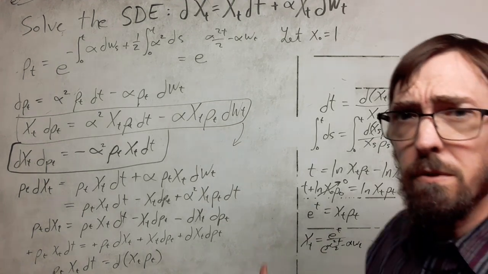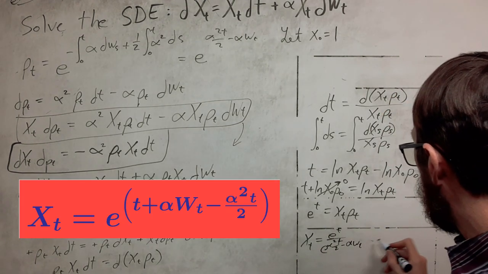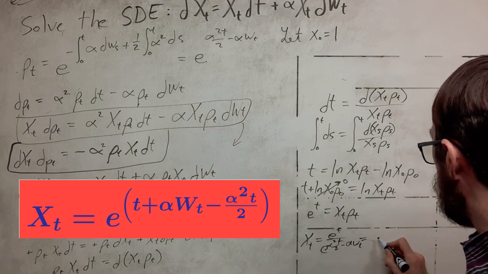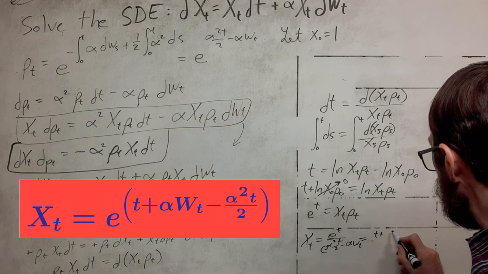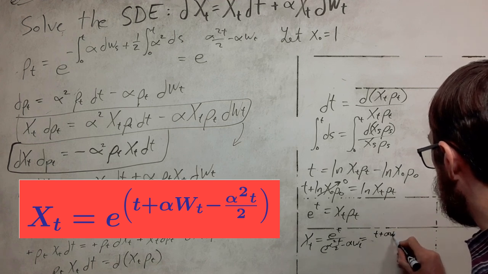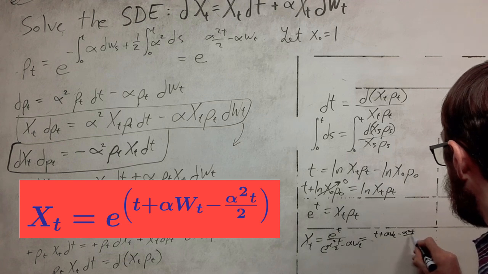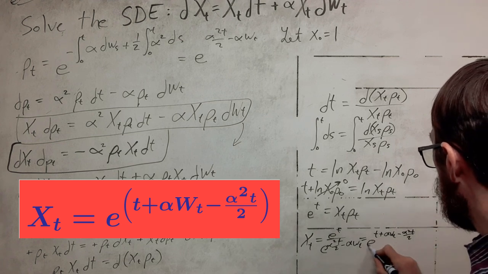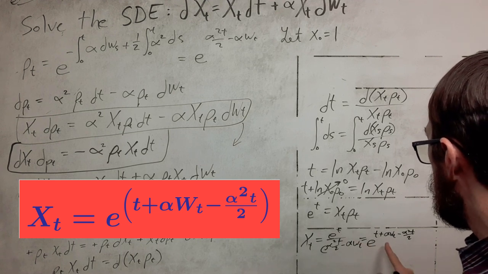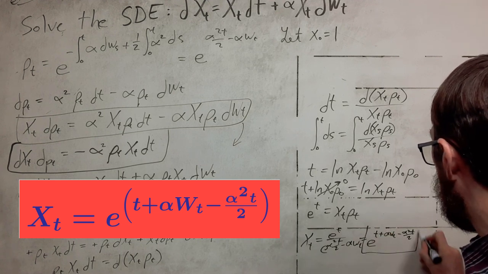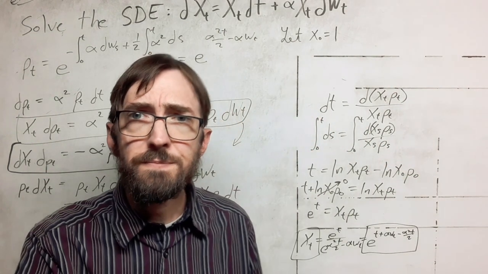And then bringing this up to linear form, we have finally that x sub t is going to be t plus alpha w sub t minus alpha squared t over 2, all as the exponent of e. So this is our final value for x sub t.